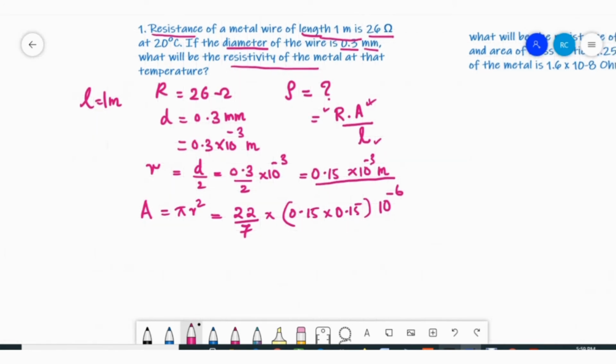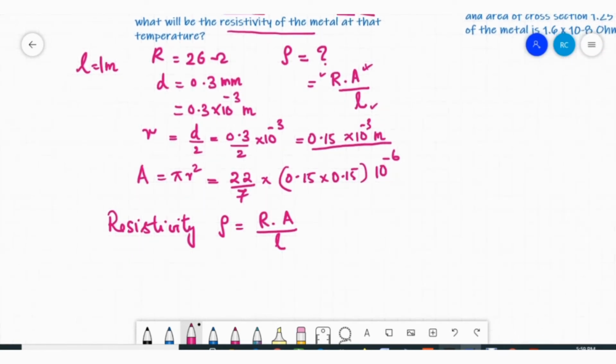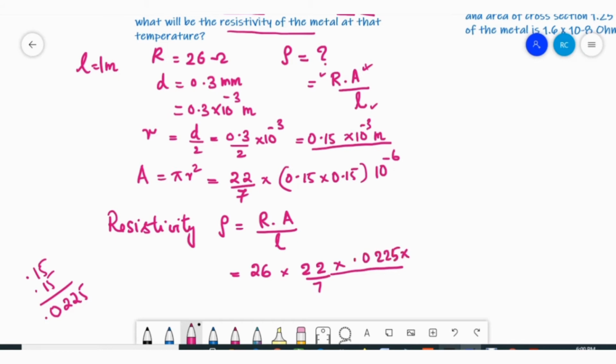So resistivity rho equals R into A by L. R is given, 26 ohm, and area of cross section is 22 by 7 into 0.15 into 0.15. 15 into 15 you will get 225, and correcting the decimal point, it will be 0.0225 into 10 to the power of minus 6.